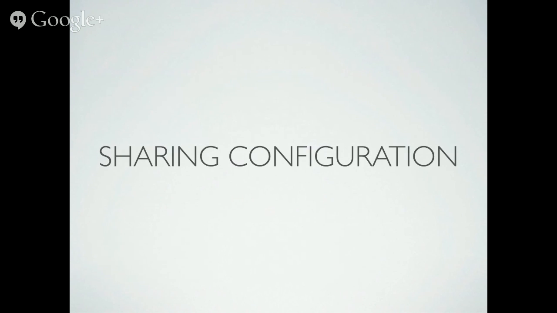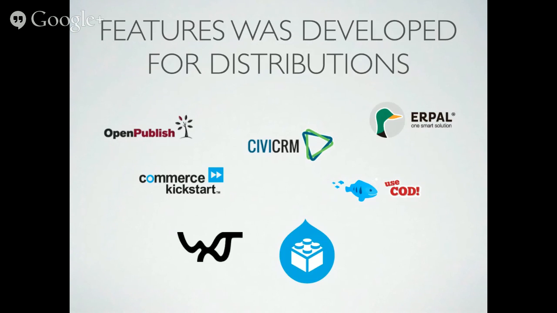So there is one other use case for features that I'll talk about, and that's for sharing configuration. So not just sharing amongst your team, but actually sharing with the greater community. So features as a module actually wasn't developed for everything that I've talked about so far, although that's how it's used. It was developed for distributions.